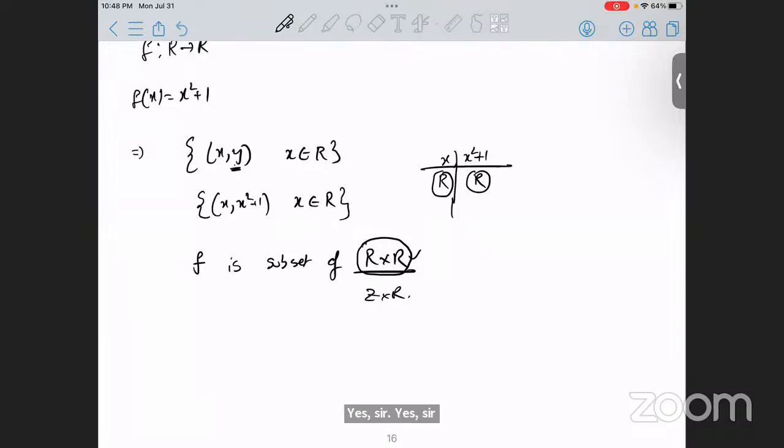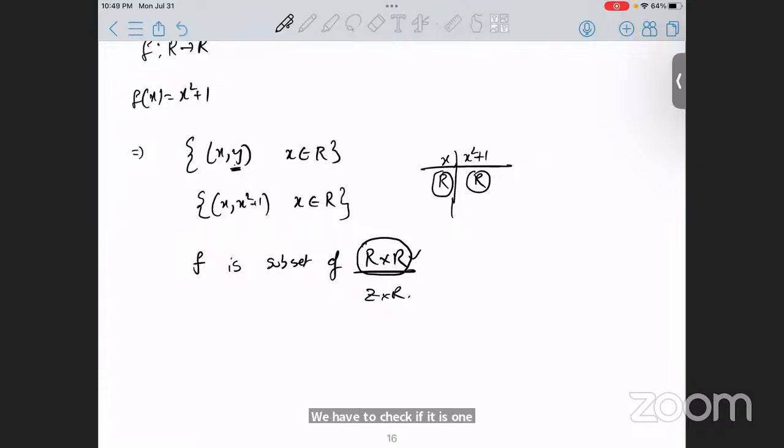Four statements are given. Sir, I have a doubt in the 4th statement. The statement says that the function g of x equals 1 upon 1 plus e raised to the power x gives a bijection from R to the closed interval 0, 1. We have to check if it is bijection.